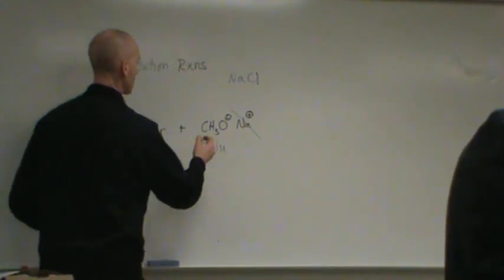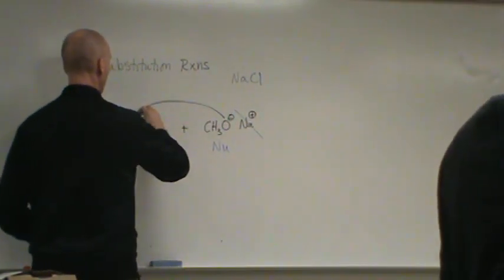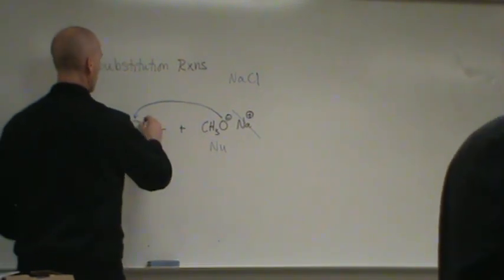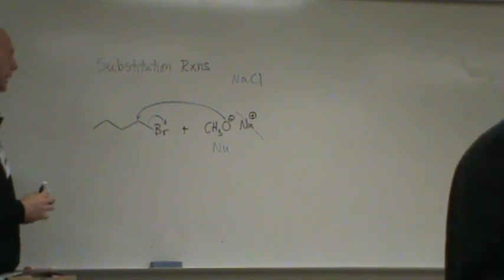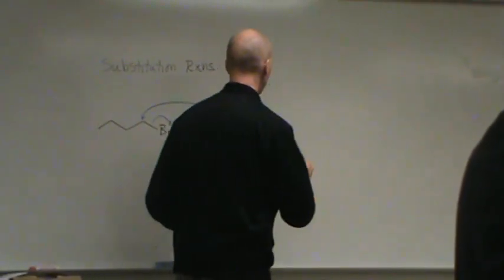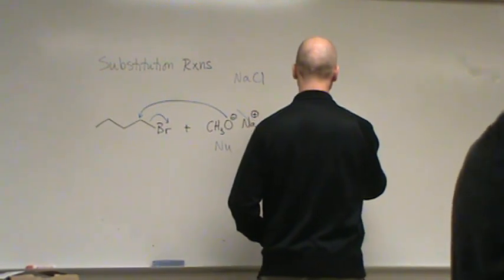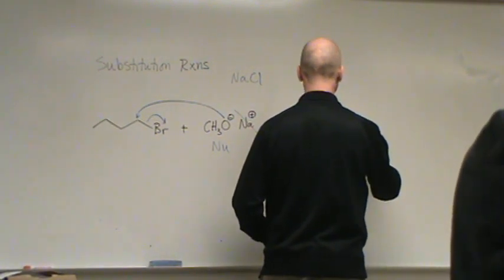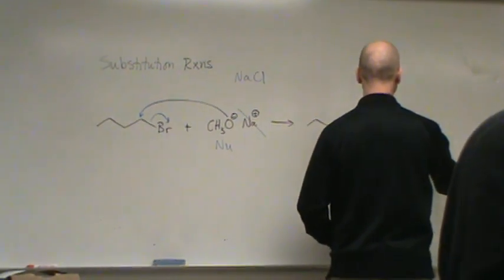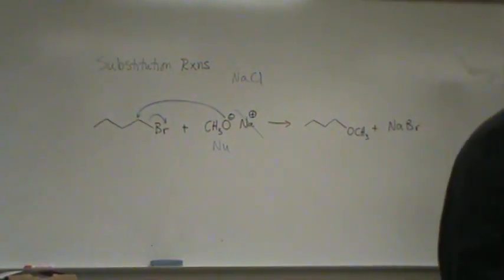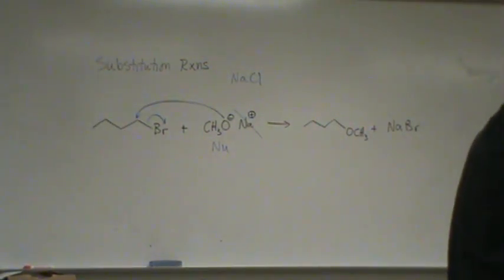So here, if you were asked to write the product, you would have that oxygen attack the electrophilic carbon and kick off the bromine, and give you that kind of product there. So there's a way to make an ether molecule.